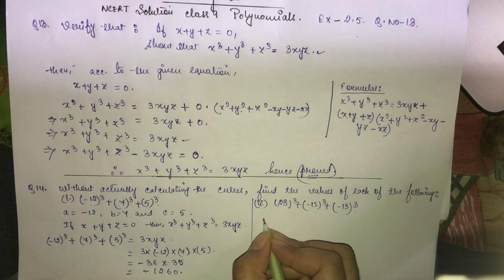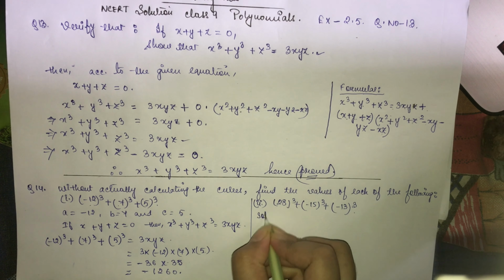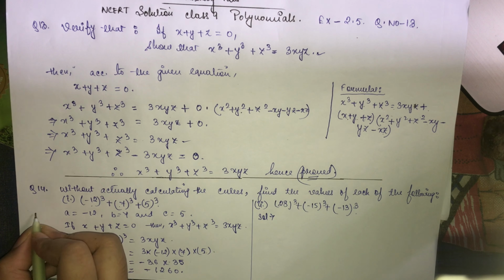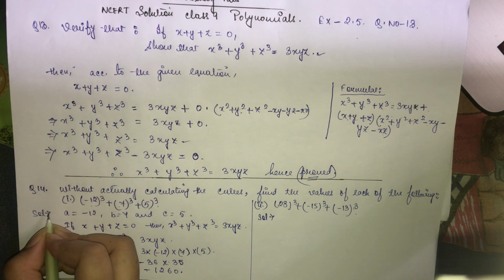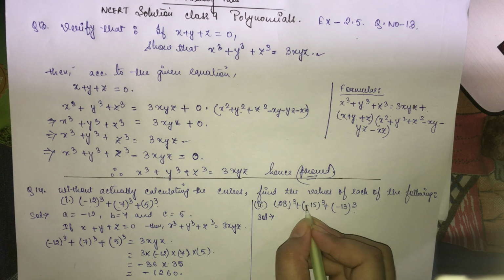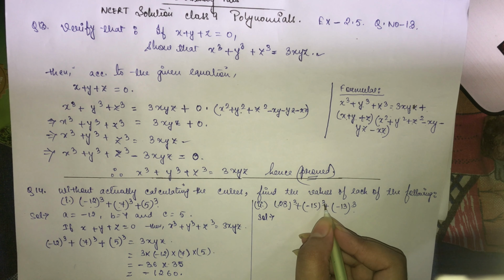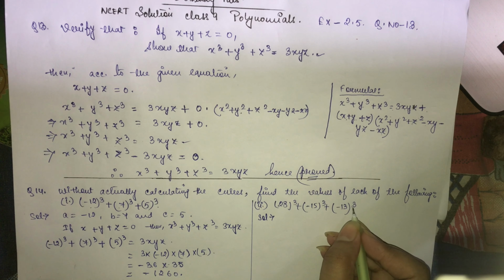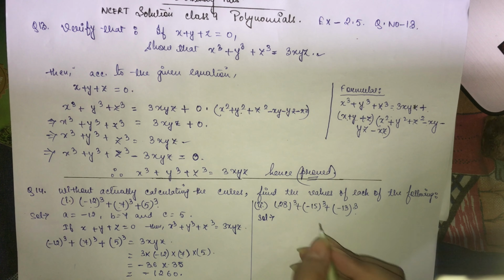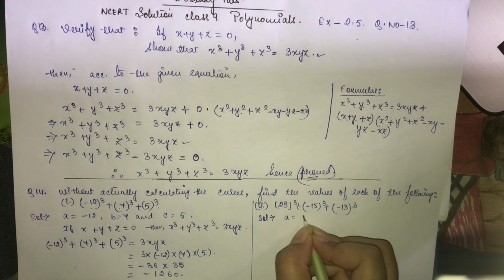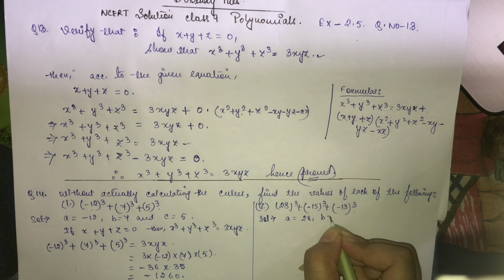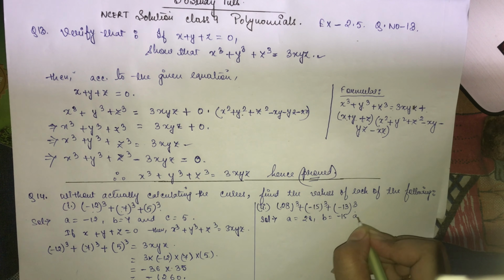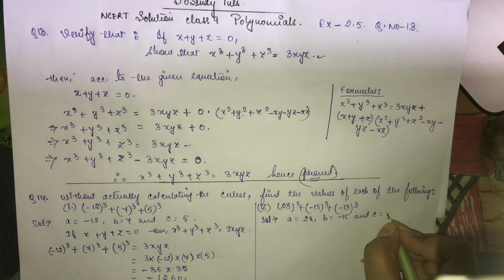What is there? 28 cube plus minus 15 cube plus minus 13 cube. So over here a equals 28, b equals minus 15 and c equals minus 13.